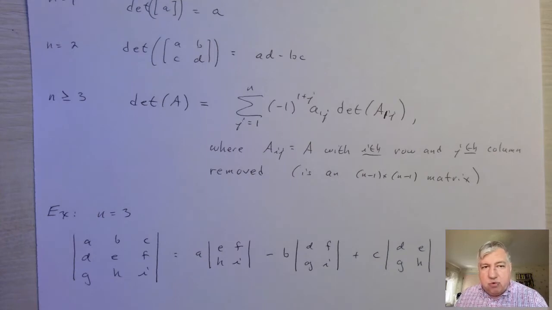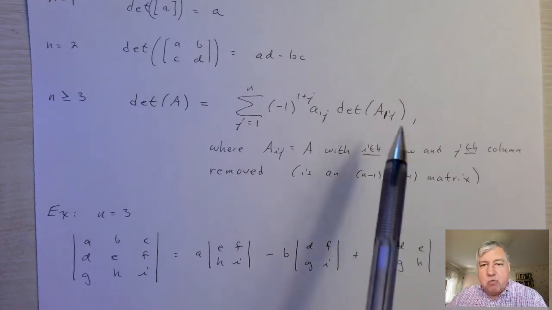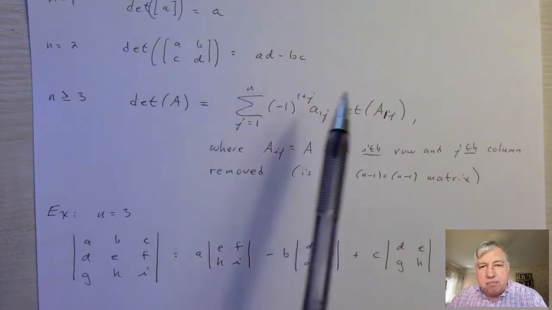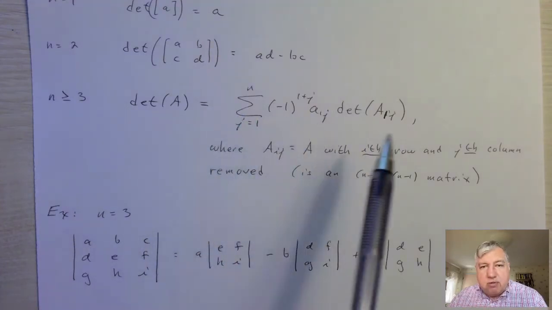And of course this is assuming we know how to find the determinant of an n minus 1 by n minus 1 matrix, so we should be able to compute this. This should make sense, and then we just add all of these up.